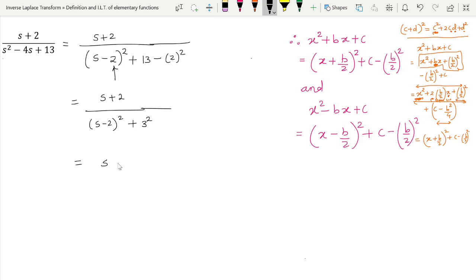Now I will write s as it is, minus 2, right? In order to adjust it, I will give a bracket to it, plus 2 because I have subtracted 2, so I need to add that 2 as well, and this 2 as it is. So I will say plus 2. You can verify yourself. If this 2 and minus 2 are cancelled, then we'll get s plus 2 in the numerator once again, right? Upon, I will have s minus 2 whole square plus 3 square.